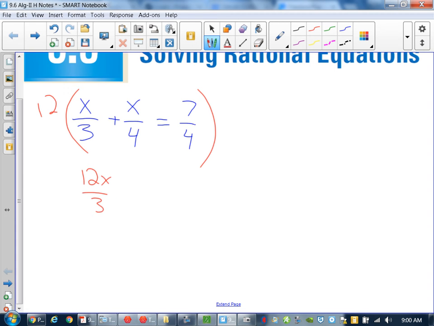12x over 3 plus 12x over 4 is 12 times 7 over 4. Now, I haven't changed anything at all.